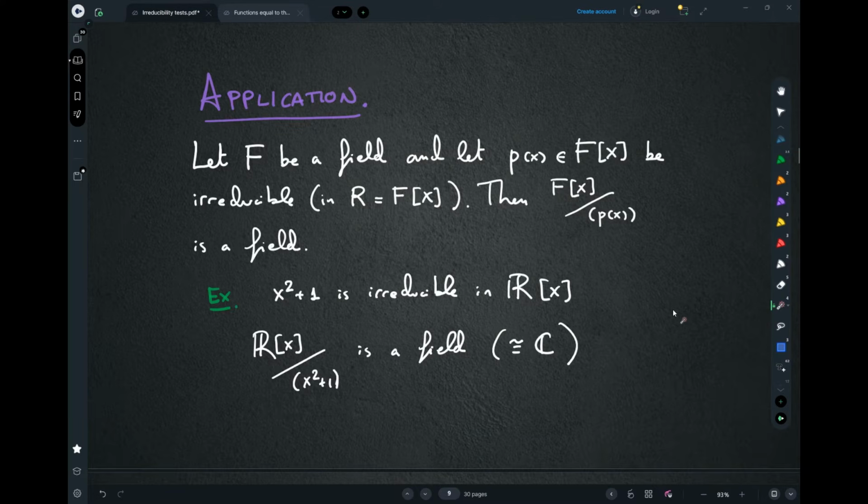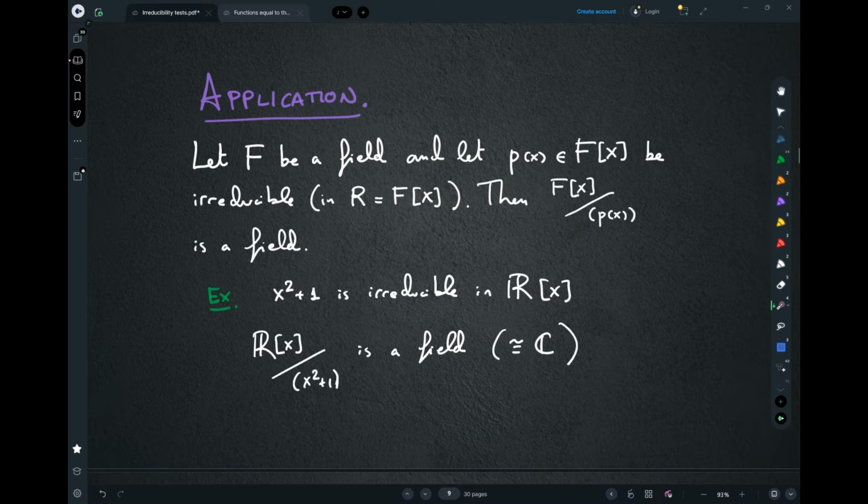And here's an application of that theorem we just proved. Take F to be any field and let p of x be a polynomial with coefficients in F, and suppose that polynomial is irreducible in the ring of polynomials F of x. Then the quotient is a field.